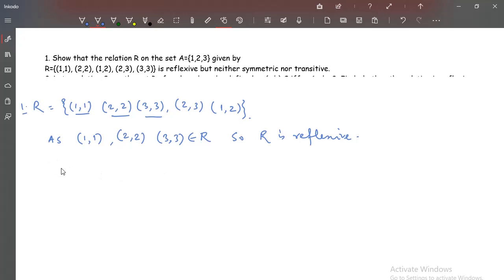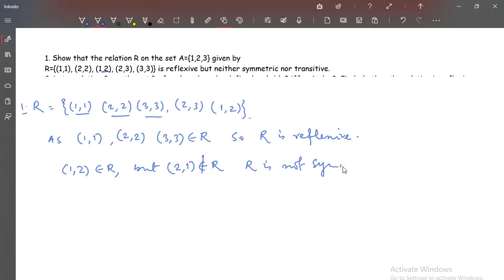What about the symmetricity? Note (1,2) belongs to R, but (2,1) doesn't belong to R. So whether this relation is symmetric or not? Yes, R is not symmetric.